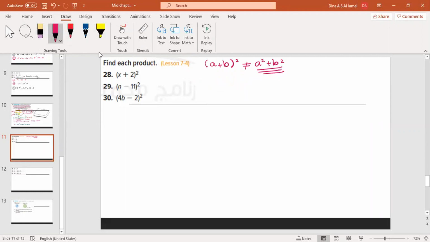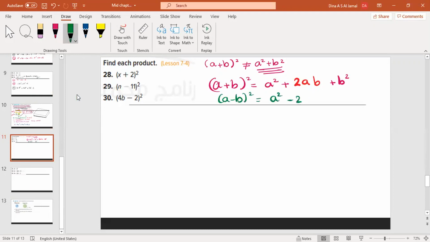So it's all about (a plus b) all squared. It's a squared plus the missing term that you always forget plus b squared. So this missing term is 2 multiplied by the first multiplied by the last. And in case of having a negative, it will be a squared minus 2ab plus b squared.